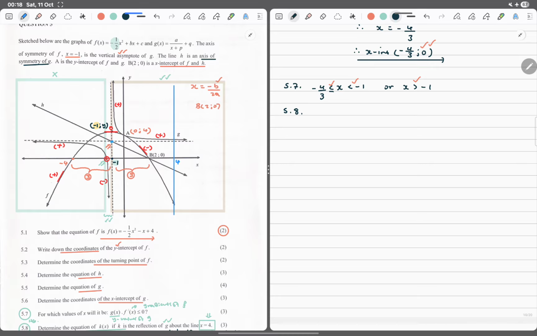So this center, from that center to this line, is how many units? Now we see that this is 4 minus the x value there. It's going to be 5 units.